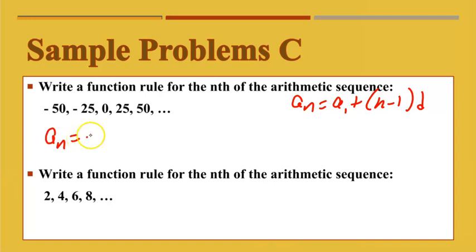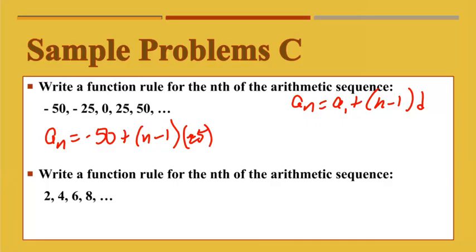The first term is negative 50 plus n minus 1, and the common difference, going from negative 50 to negative 25, is a positive 25. So our function rule would be a subscript n equals negative 50 plus n minus 1 times 25.